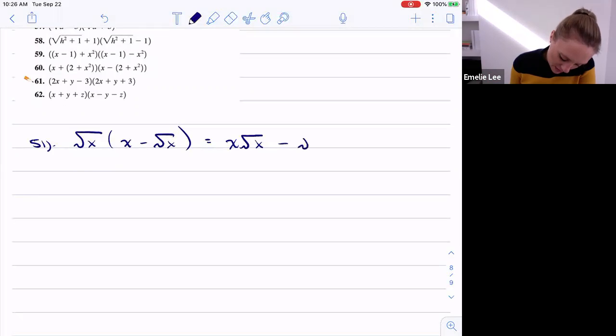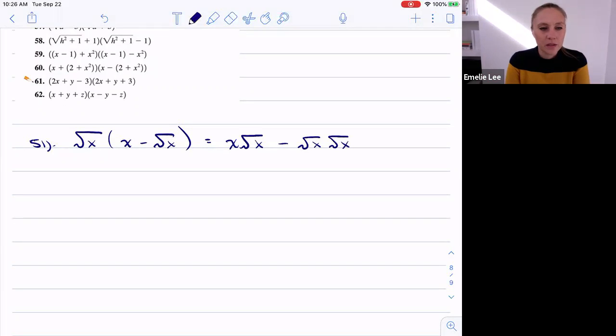And then I've got minus root x times root x. X root x, well, I could probably do something with that.